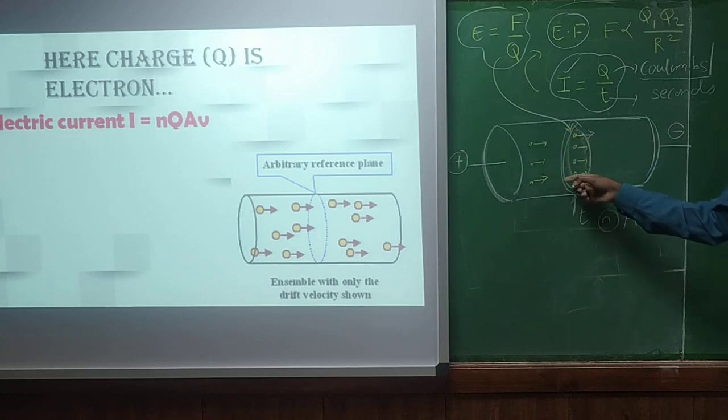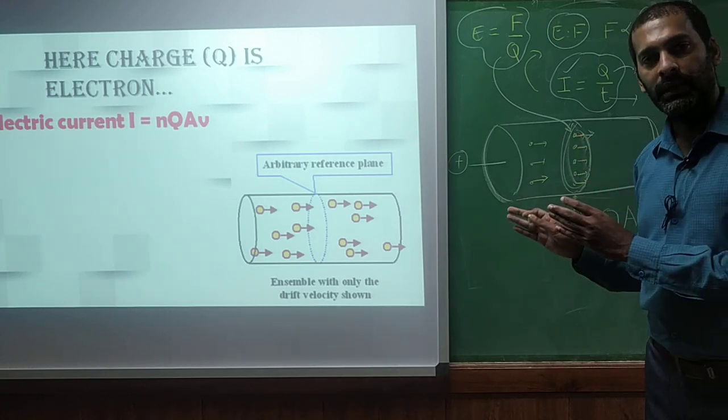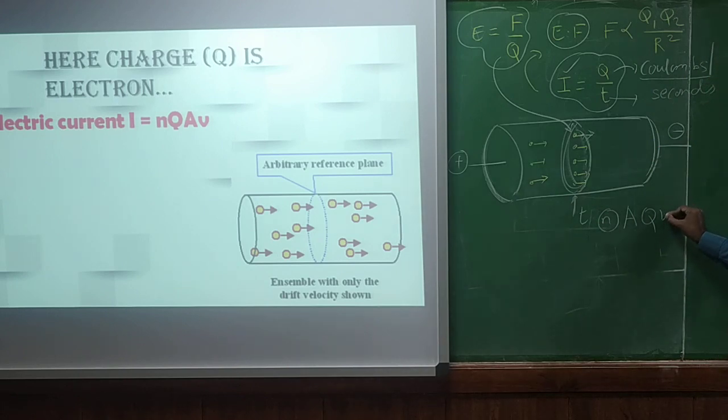How are they distributed in the area? And what is the charge Q? Charge Q is also a fixed value. We will see in the numericals. So we have the number of electrons, the area, the charge, and these are not static charges. They are not idle. What are they doing? They are moving. So there is a velocity V.